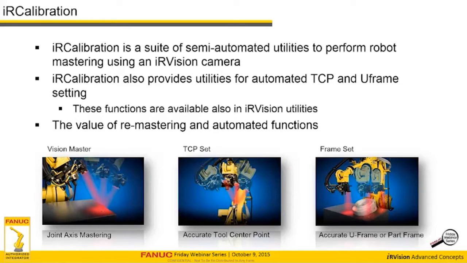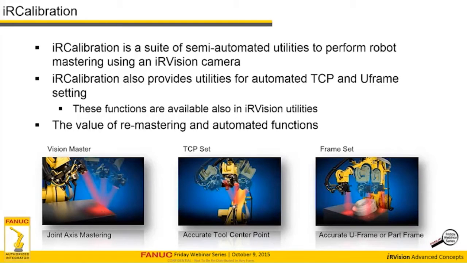So why do we talk about remastering and these automated functions? First of all, all robots do lose mastering, at least to a very small extent, in a variety of ways. One we hate to see is a crash of the robot, which can certainly affect its mastering. Even shipping the robot can possibly affect the preciseness of the mastering of the joints.